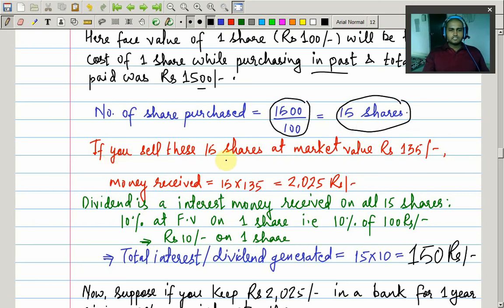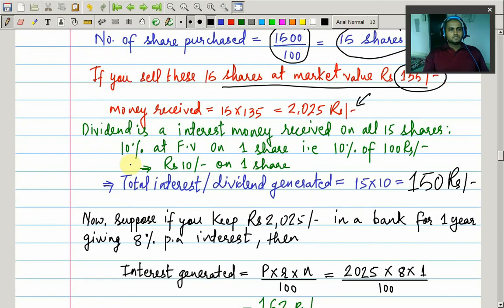If you sell these 15 shares in the market at this cost, the money received will be 15 into 135, so 2025 rupees. So the dividend is the interest money received on all 15 shares. 10% at face value on one share, that is 10% of 100 rupees, which is nothing but rupees 10 on one share.